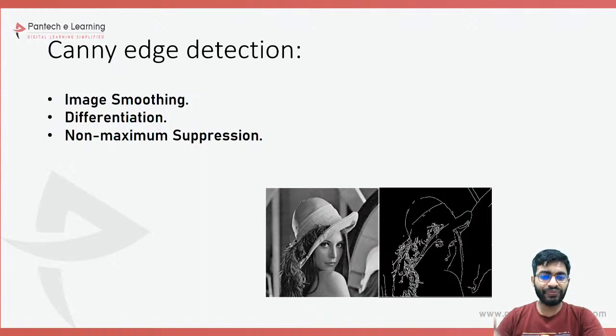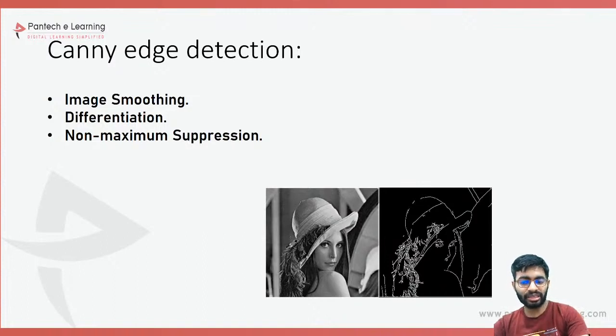The next stage is differentiation. What is differentiation? The difference between the objects. The difference between the respective target object and the other objects should be made as easy as possible. Then non-maximum suppression. The image or video, let us call them frames also, any kind of frames, won't be suppressed, because if we suppress the frame, the edges also get suppressed.